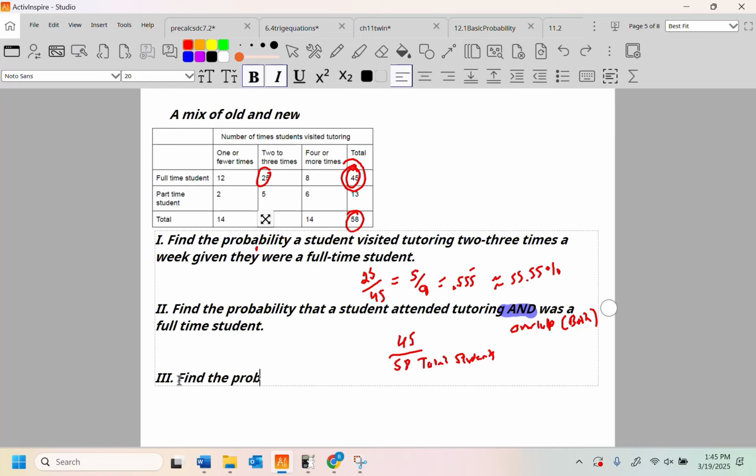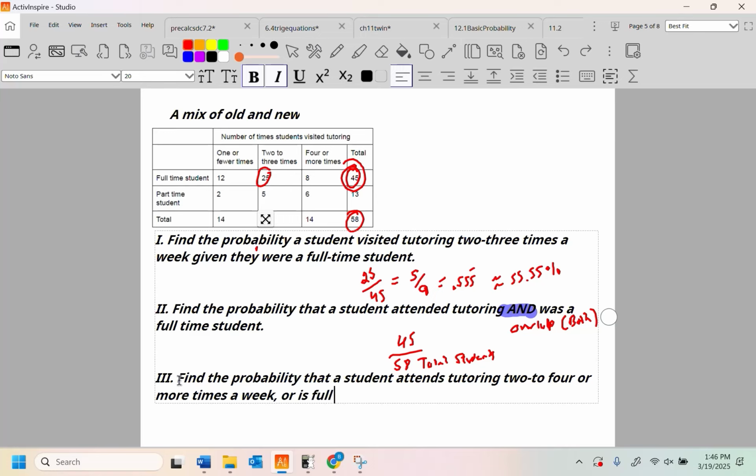Find the probability that a student attends tutoring two to four or more times a week, or is full-time.